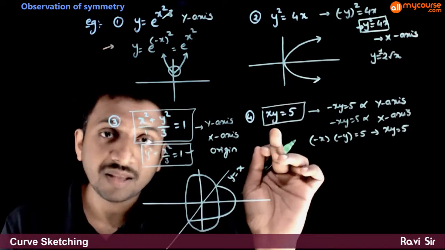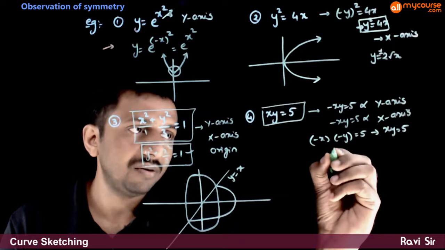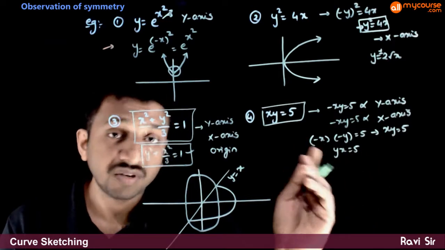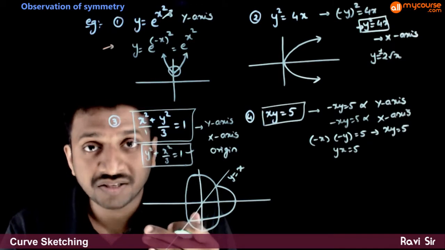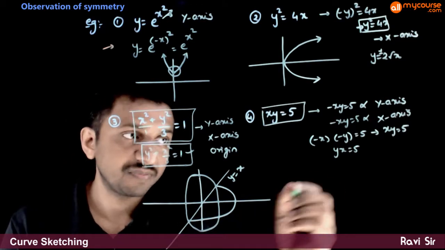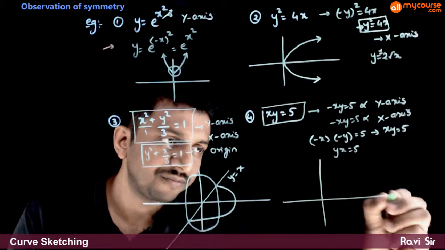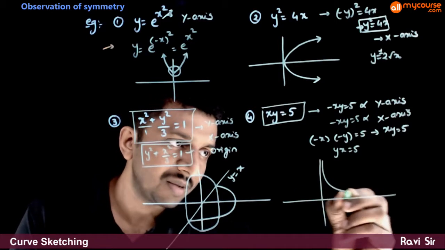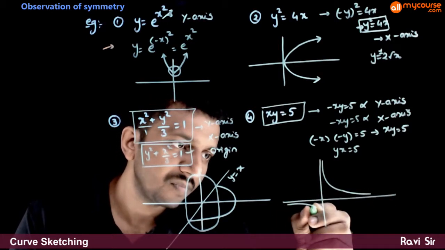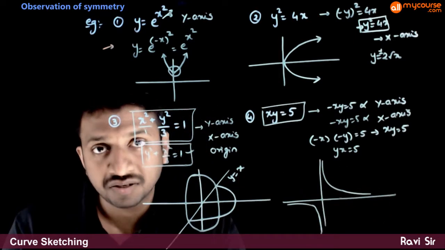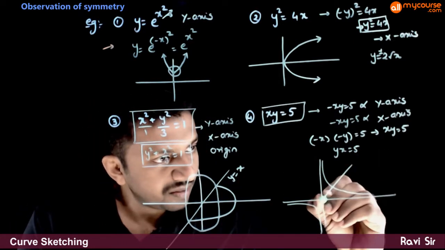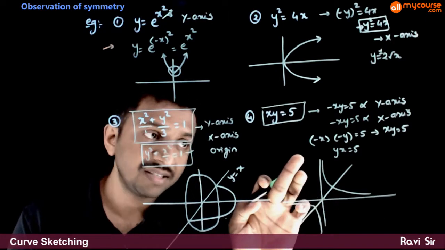And put y in the place of x, x in the place of y. You get yx is equal to 5, which is the same curve. That means the curve is symmetric about the origin and y is equal to x. So if you draw the curve, we know that the curve looks something like this. You can clearly see that the curve is symmetric about the origin. And also the curve is symmetric about the line y is equal to x.